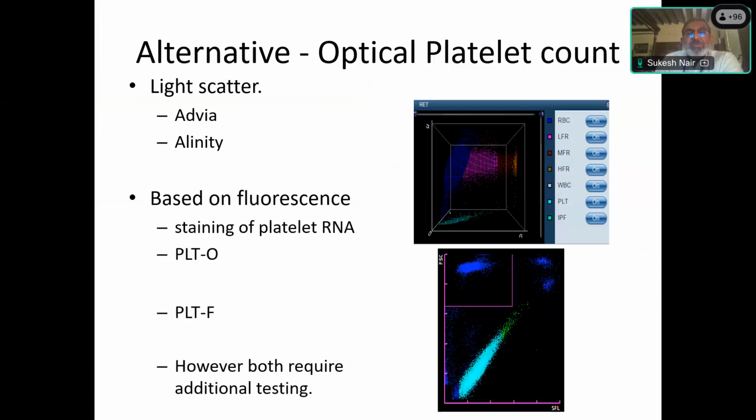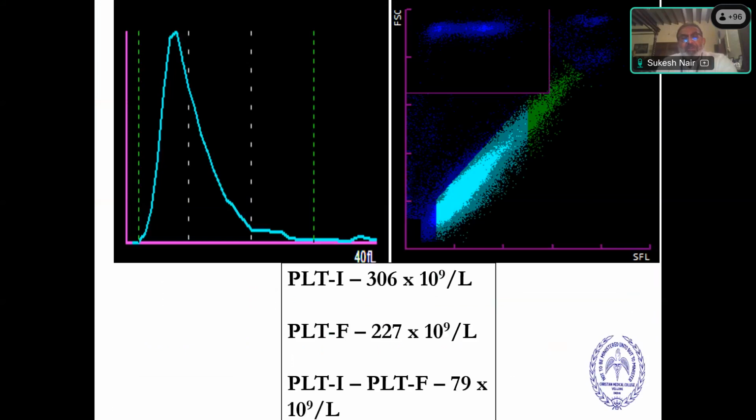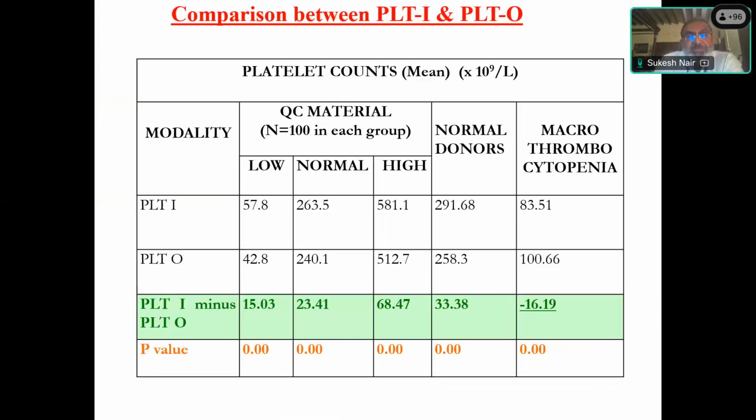So when we got this machine, we said, okay, let's evaluate this machine. So we looked at scenarios where we had normal distribution of platelets, scenarios where we had large platelets. We get a lot of patients from the eastern part of India who have large platelets, and we found that whenever the platelets were large, you can see that in macrothrombocytopenia, the optical platelet count was much higher than the impedance platelet count.